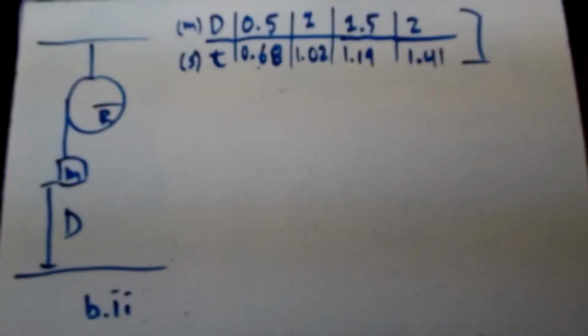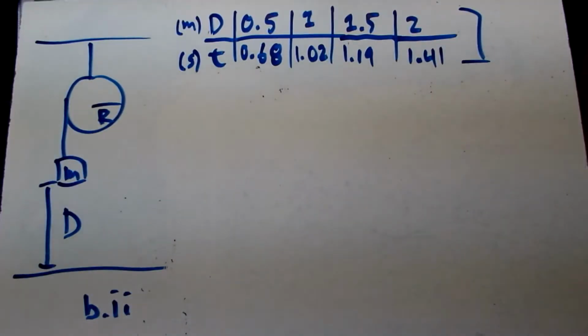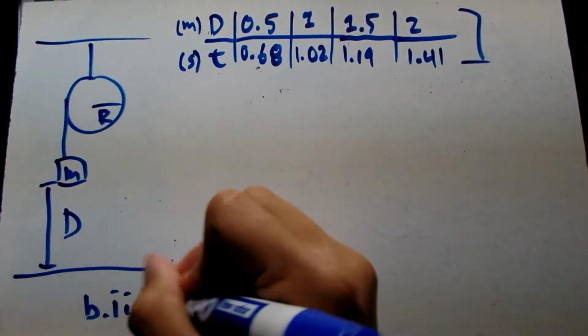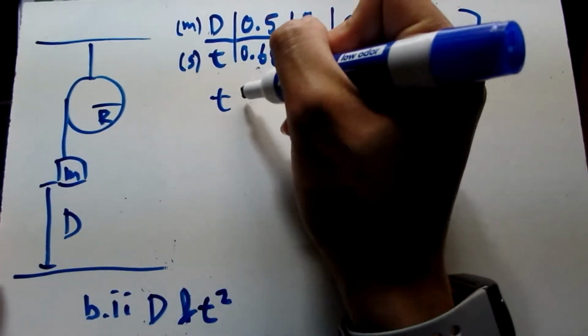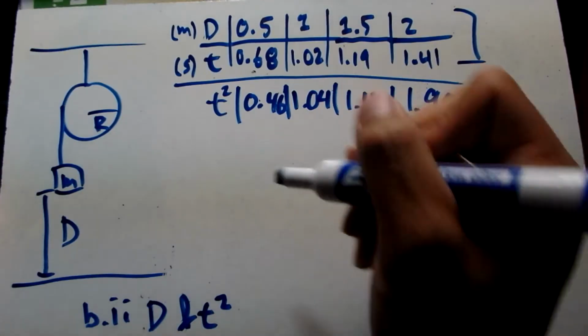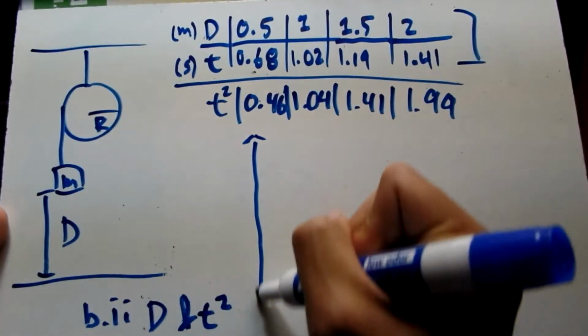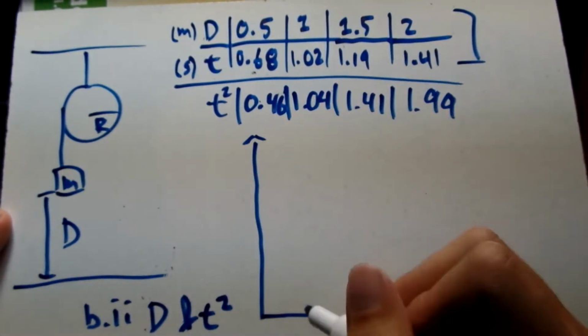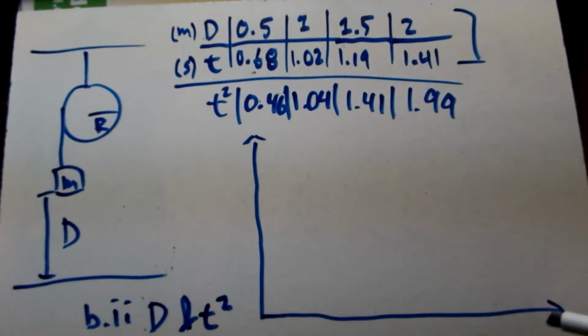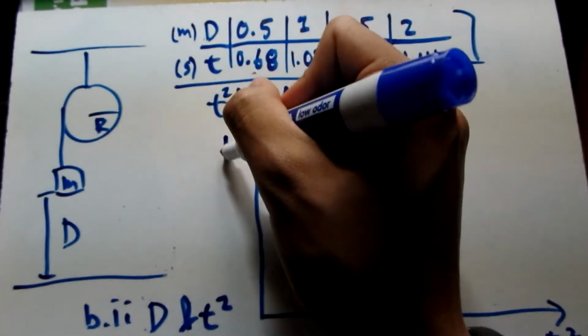So to graph d and t squared, let's solve for t squared. So now we can graph it. On the x-axis we would have t squared, and on the y-axis we would have d.